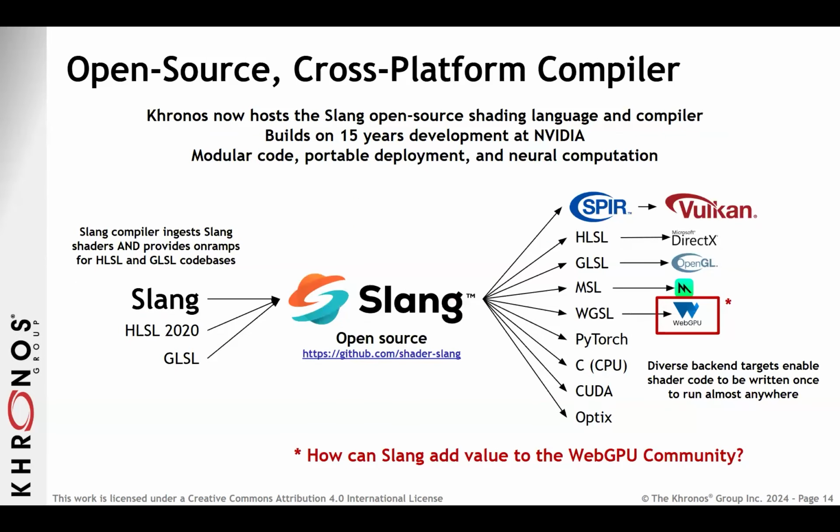My last slide is our newest initiative from Khronos, which we just had a BOF on, the Slang open source cross-platform compiler. It's a compiler and a language that can deliver cutting-edge language capabilities, modularity, auto-differentiation for neural rendering, but it has a whole bunch of output targets.